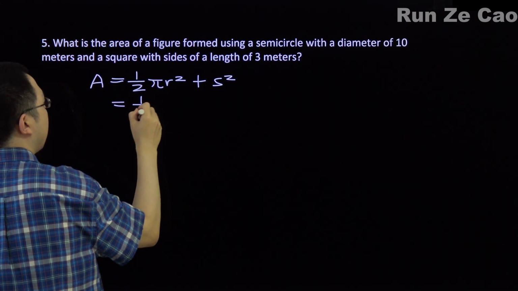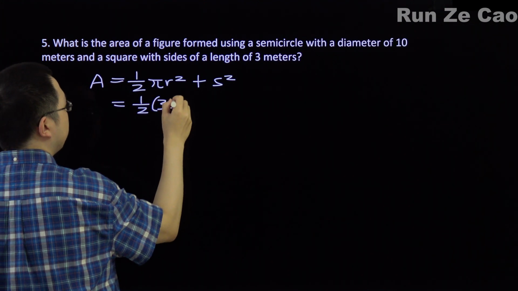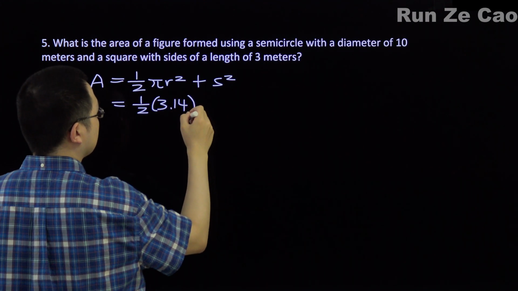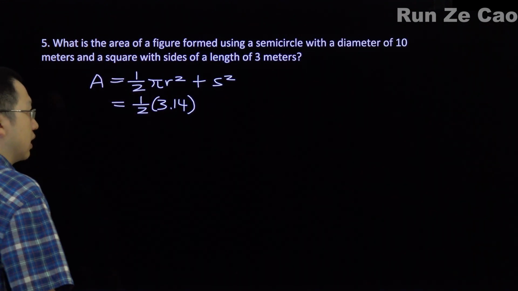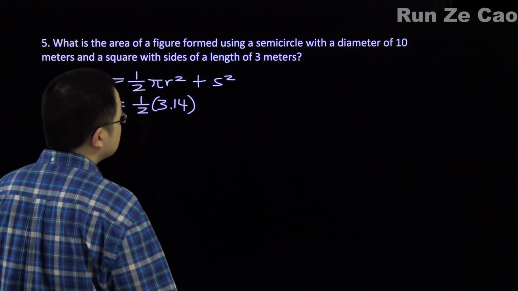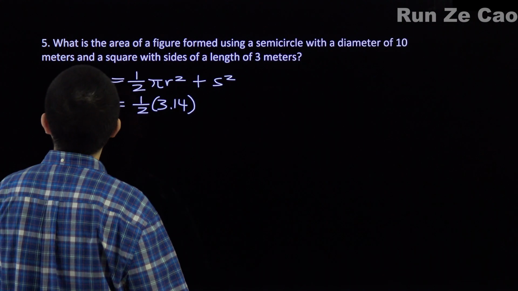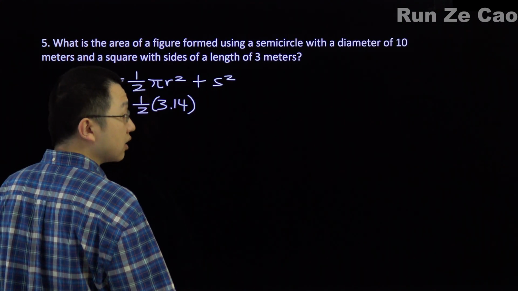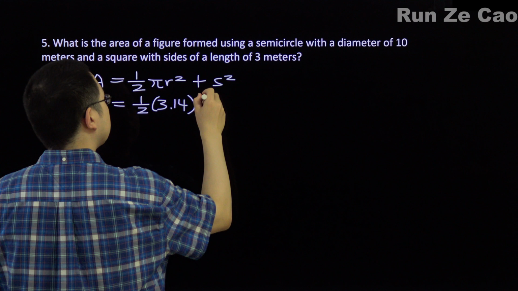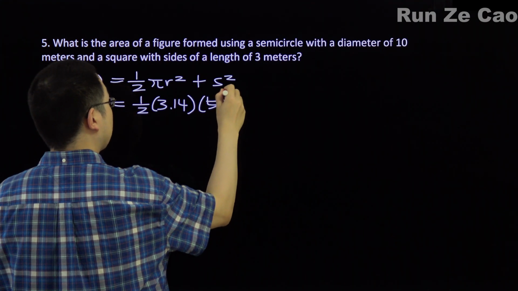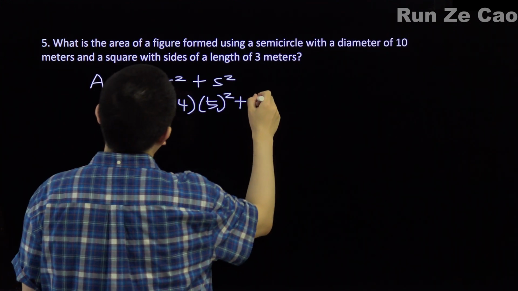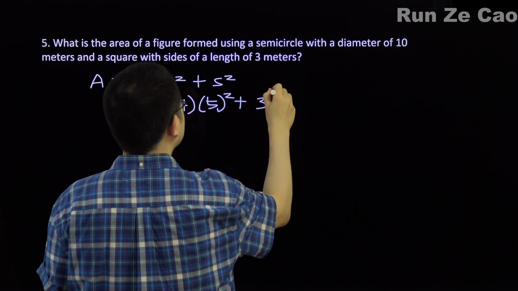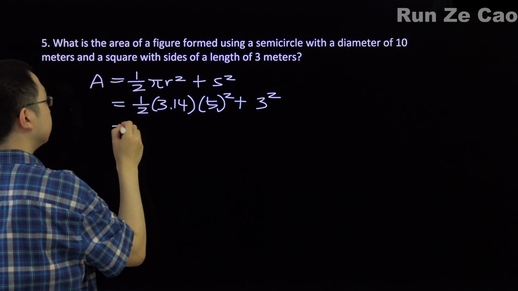So 1/2 times 3.14 for pi, as we were instructed earlier for this whole section of exercises. The diameter is 10 meters, therefore the radius is 5 meters. So 5 squared plus the side length of the square, 3 meters, squared.